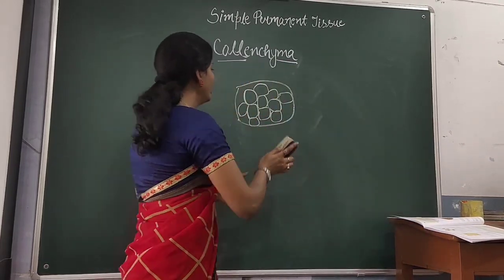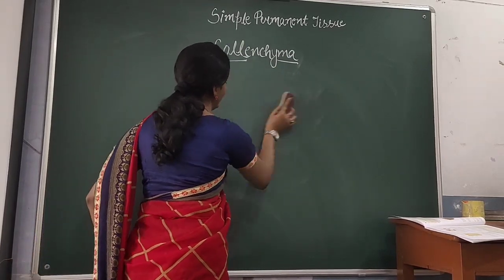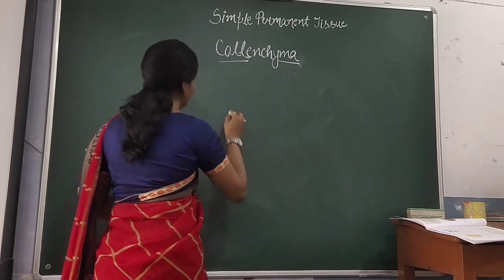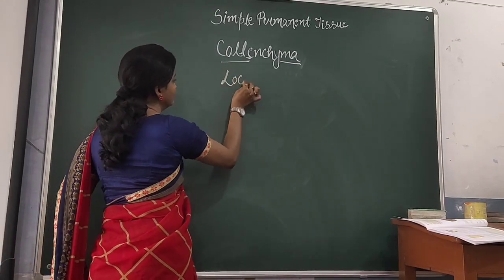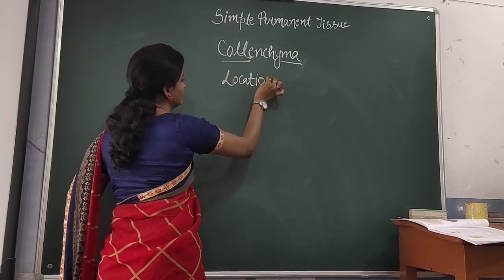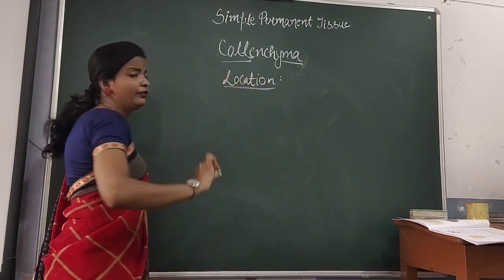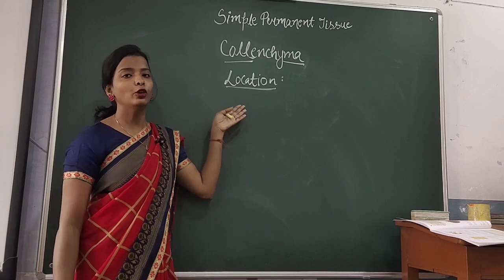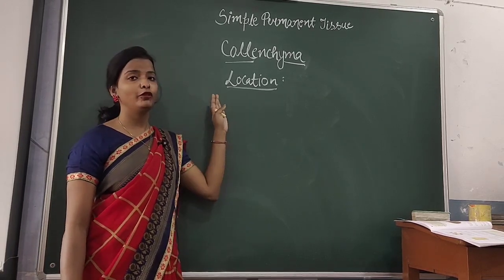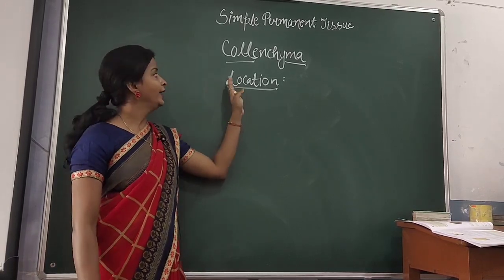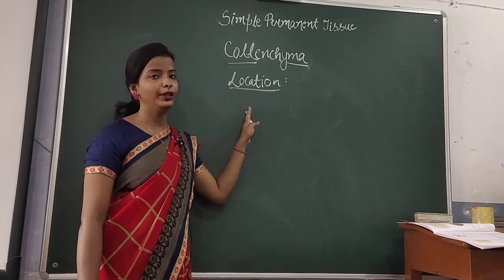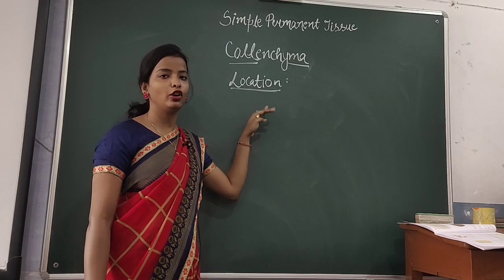Then when we will talk about the location of collenchyma, they are present just below the epidermis. Like parenchyma was present at the outer layer, and collenchyma is present just below the epidermis of the leaves or the epidermis layer of the plant.